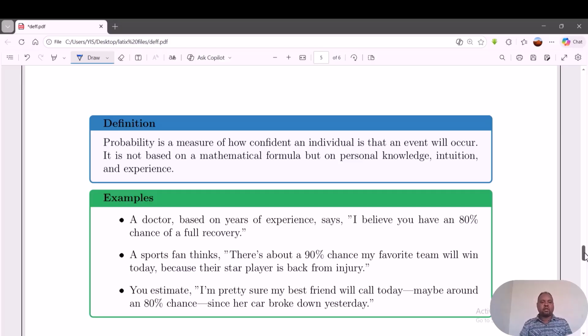I can say probability is a measure of how confident an individual is that an event will occur. For example, a doctor, based on years of experience, says, I believe you have an 80% chance of a full recovery, right? This is said without any medical diagnosis.